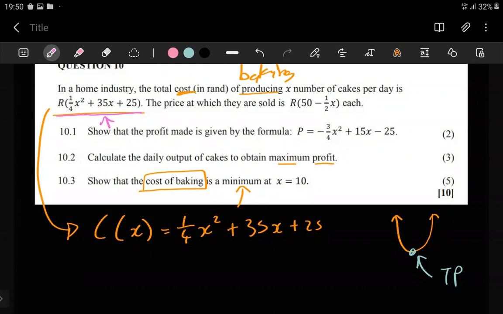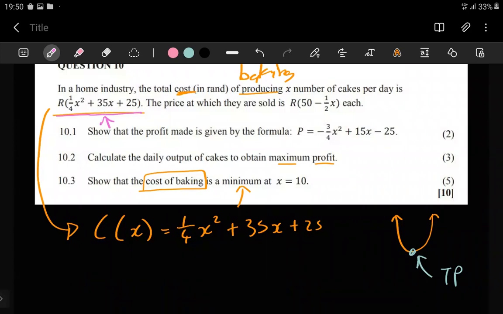You see that this is for everything, regardless of how many you're going to make. So if you think of it logically, to show that the cost of baking is a minimum at 10, what we need to think of is how this is for all the cakes.